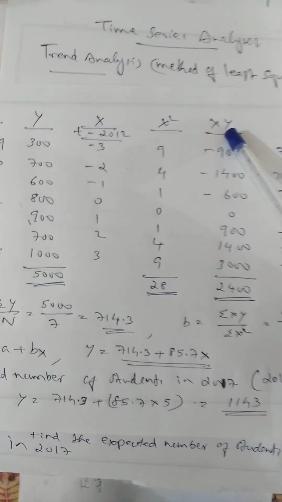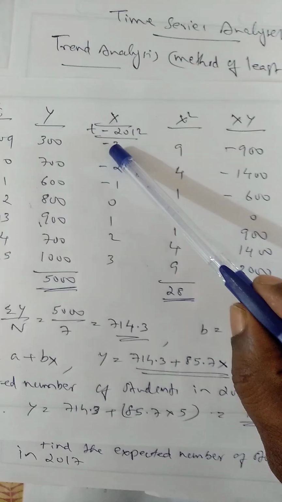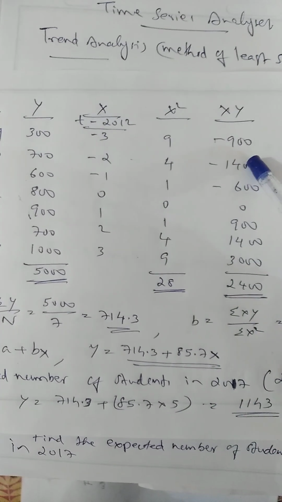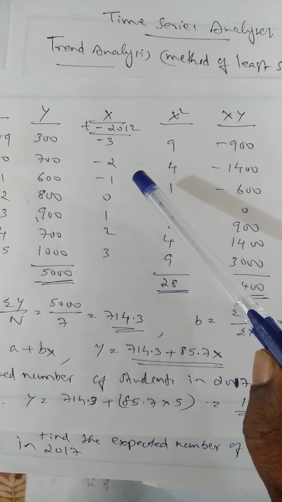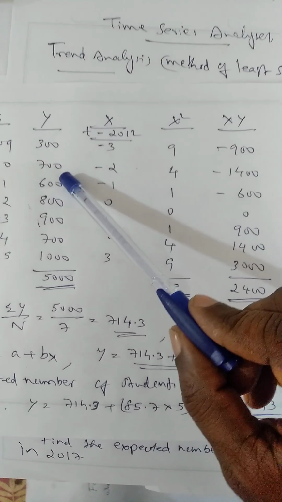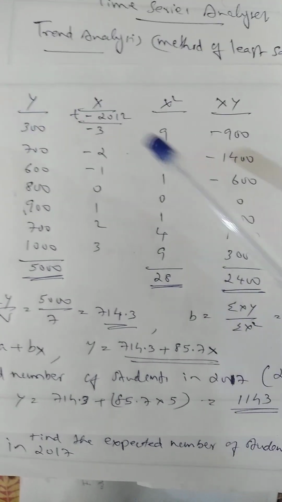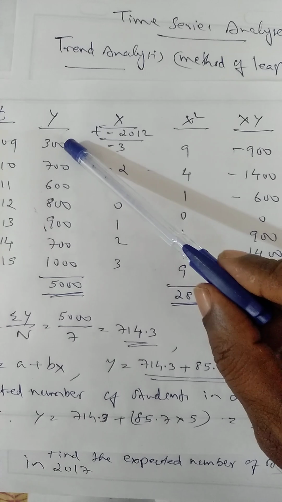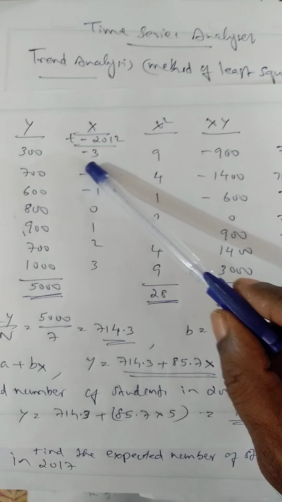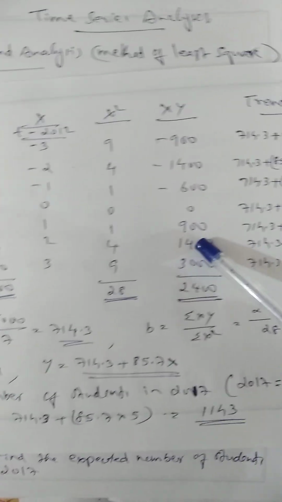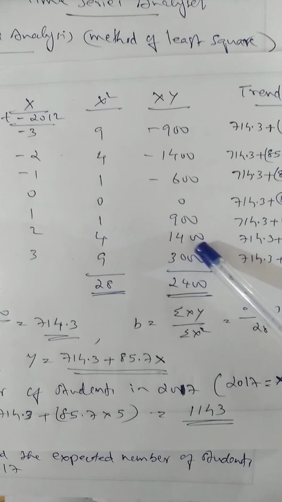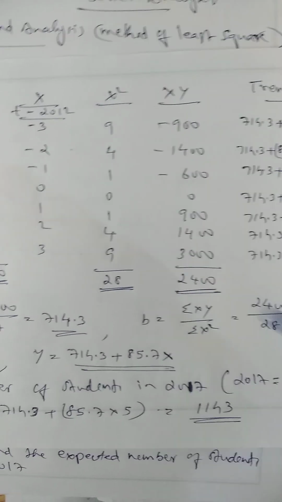And we construct an xy column. Minus 3 into 300, minus 900. Minus 2 into 700, minus 1400. In this way, each x value and its corresponding y value are multiplied and shown here. And then take the total of this xy column, you get sigma xy.